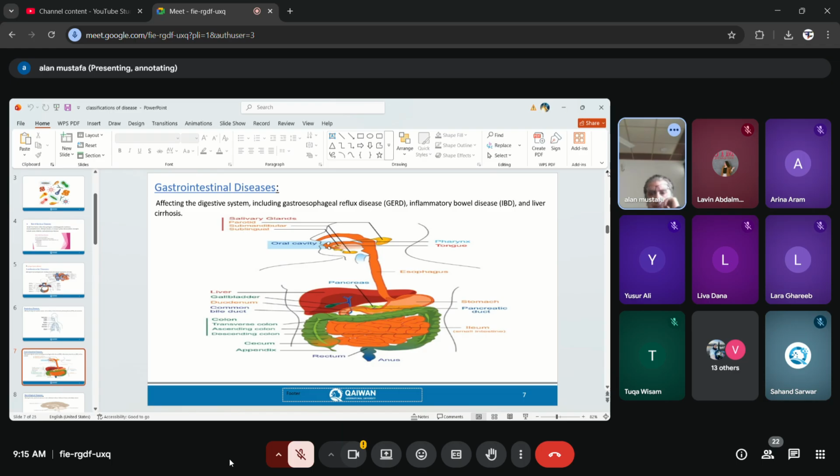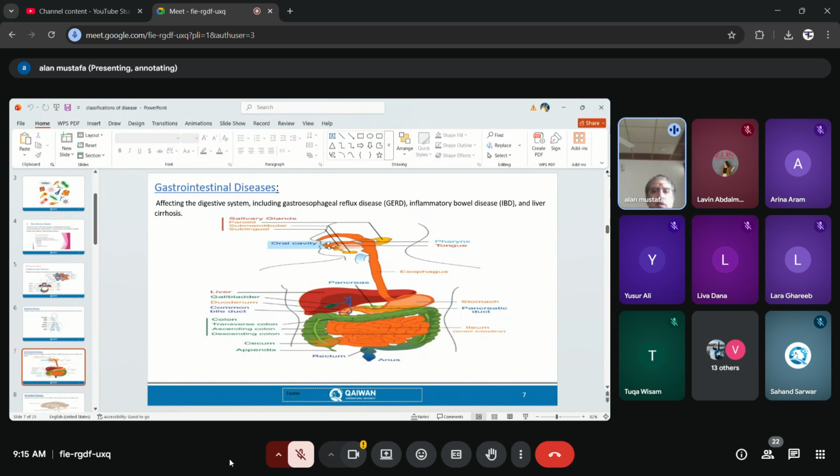So we have a lot of diseases here. And especially in this system, we have a lot of different compartments. When we study this system, we study, for example, the stomach and the bowels differently.